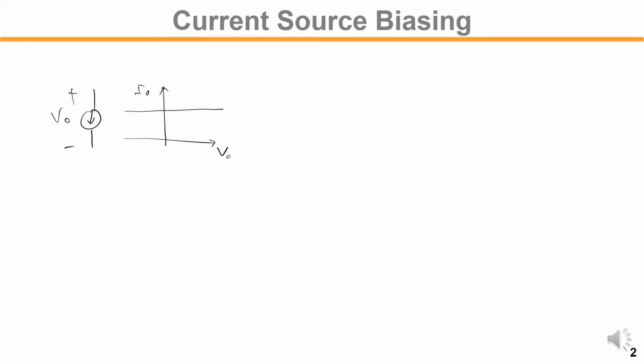But in reality, for the transistor, looking at the voltage difference between drain and source and the current level, it will be an ideal current source only inside the saturation region. Below a certain voltage, the transistor characteristics will be in the triode region and no more a current source.